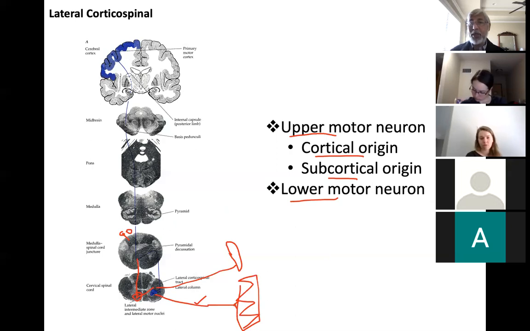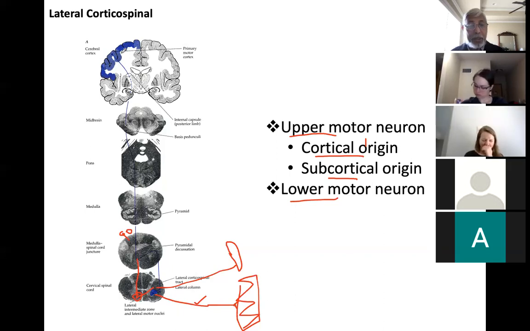Okay, let me bring it here. Now, some of the fibers will come. Do you remember we talked about the cranial nerves, right? Some of the cranial nerves will innervate skeletal muscle, right? Our tongue muscle is innervated by which nerve? Which nerve innervates the skeletal muscle of the tongue?